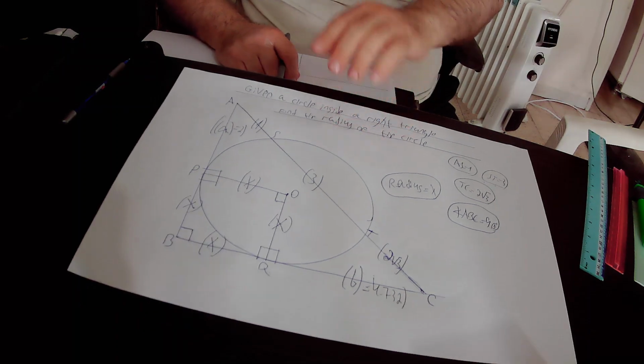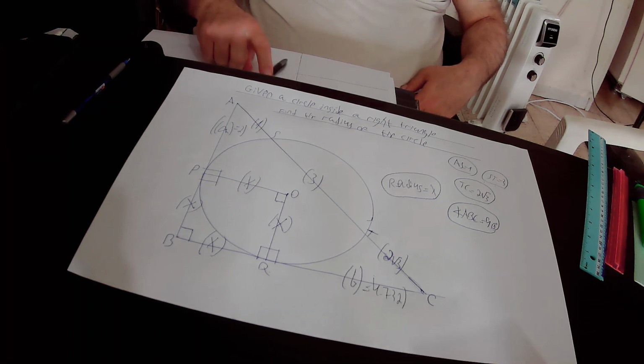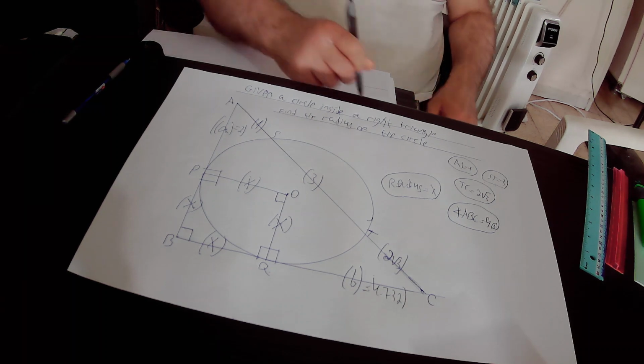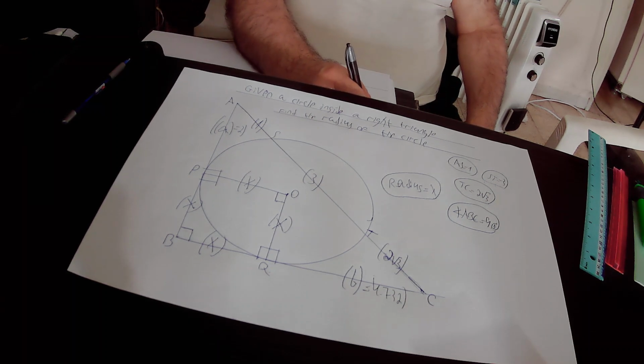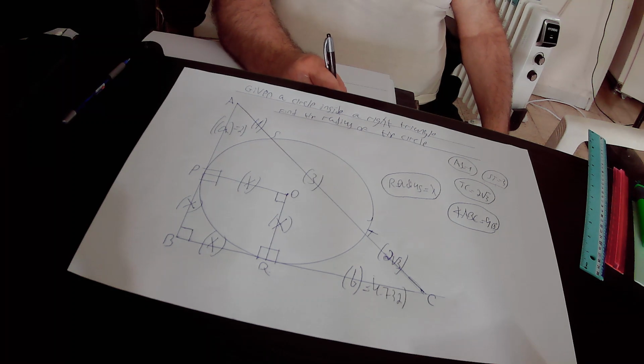The hypotenuse in this big right triangle ABC is AC, therefore the square of the hypotenuse is AC squared, and AC squared must be equal to AB squared plus BC squared.